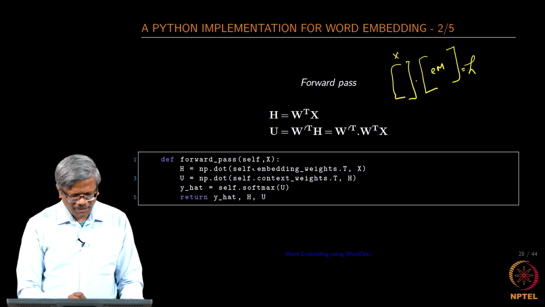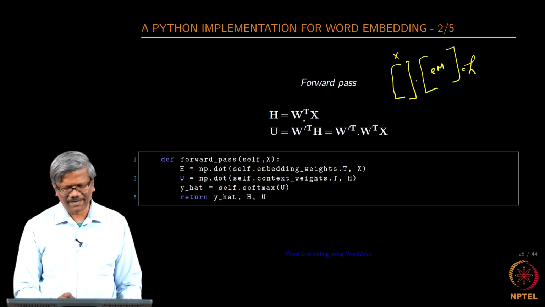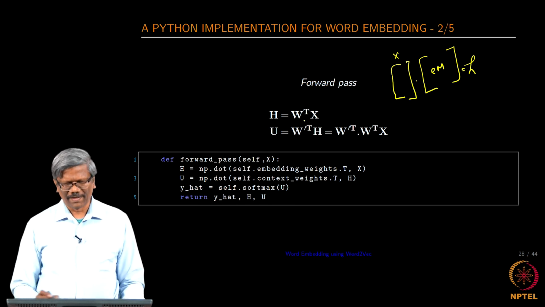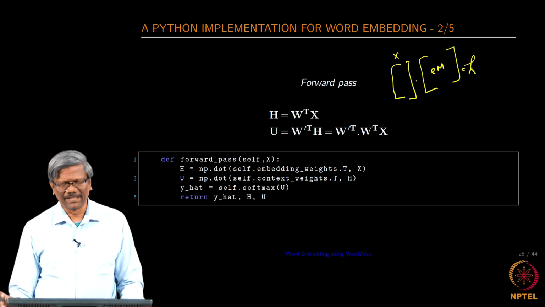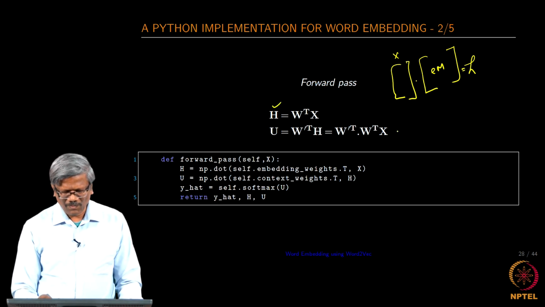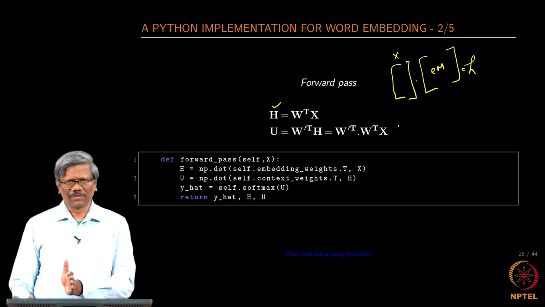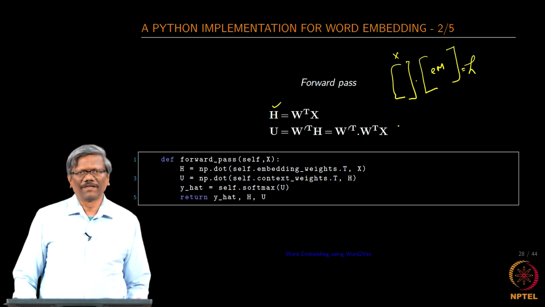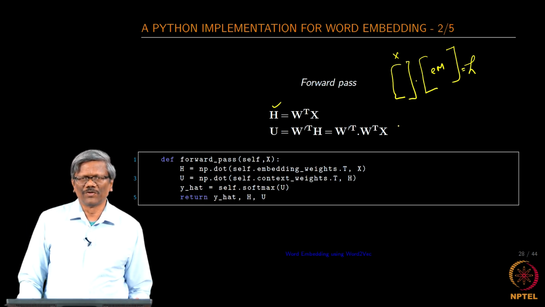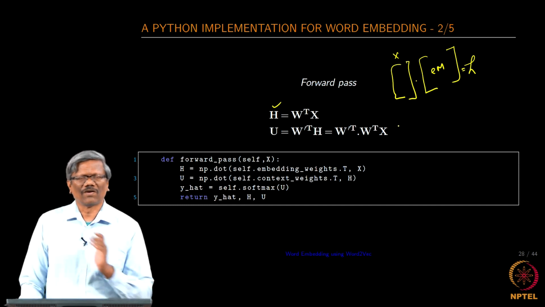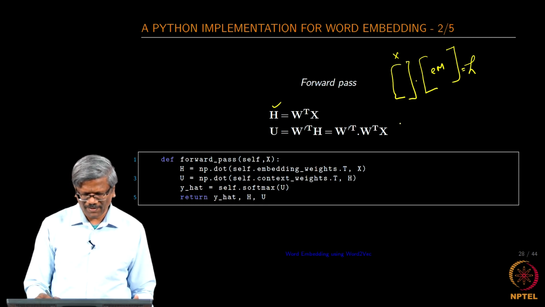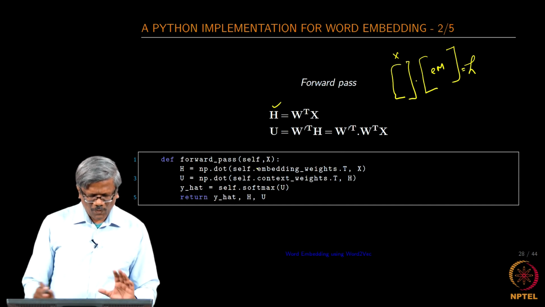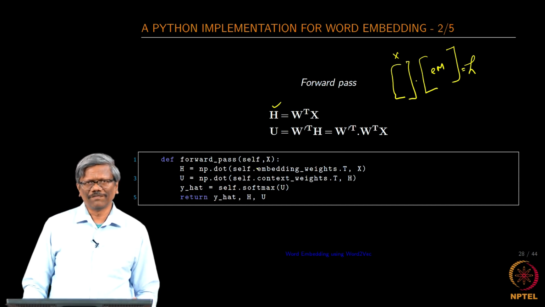So, in the forward pass, what we do is we take the transpose of the weight matrix and then take a dot product to get H. Okay. And then what is the U? U is your final value that is calculated using the hidden values and the context matrix, correct. This is one step before softmax, all right. So, in one go I compute the forward pass.